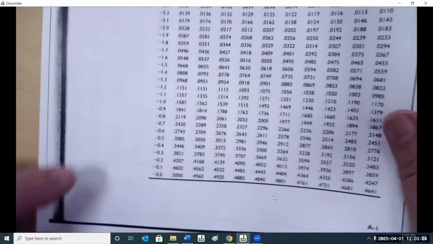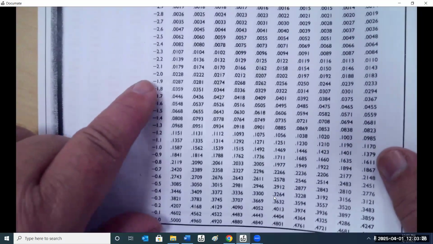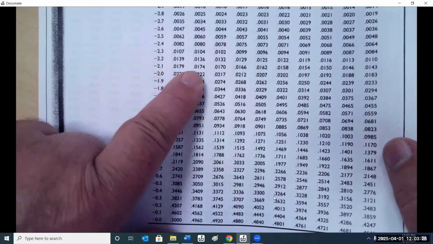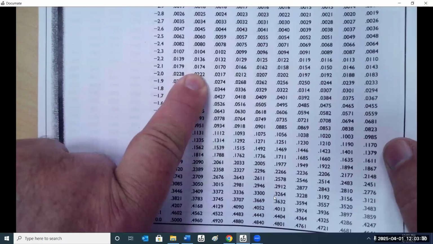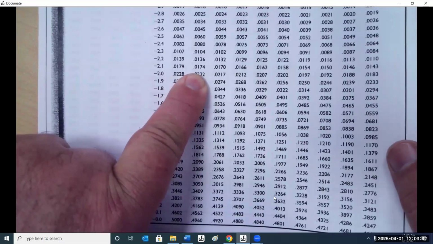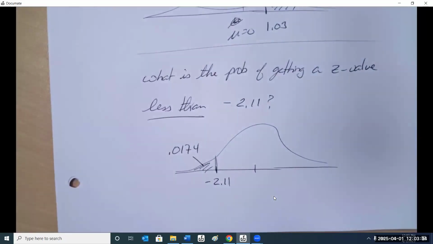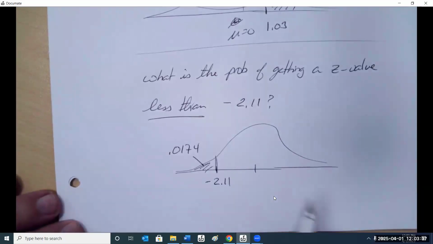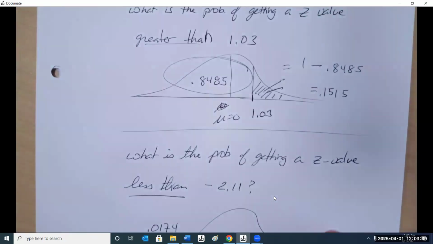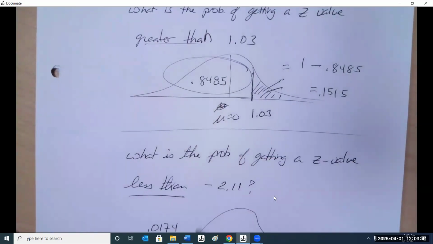Because on the negative side, you go to 2.1, go to 0.0174. Again, you see why these are called one-tail tests, because they're only happening on one side.